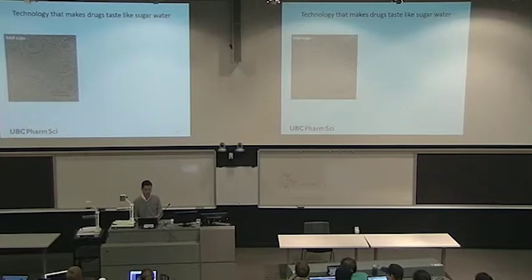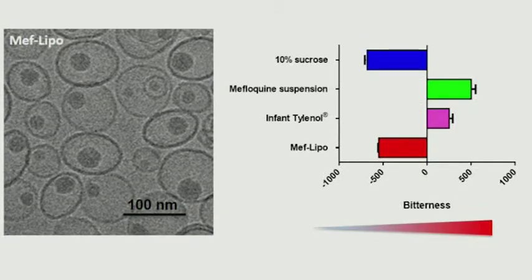The other advantage is that this bilayer prevents the drug molecules in direct contact with the taste buds to mask the taste. So then we did this test. This is looking at the bitterness of the formulation. And we use E-tongue technology.